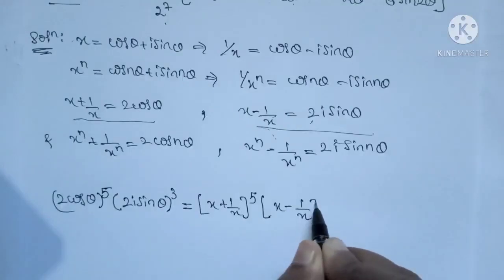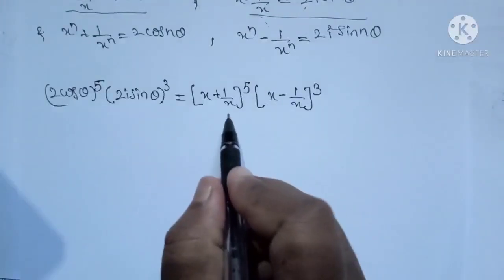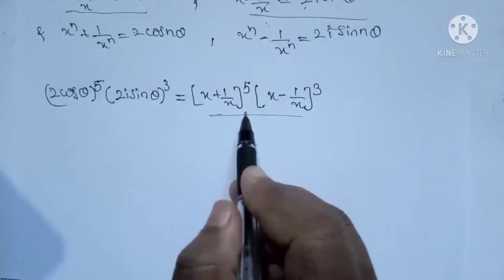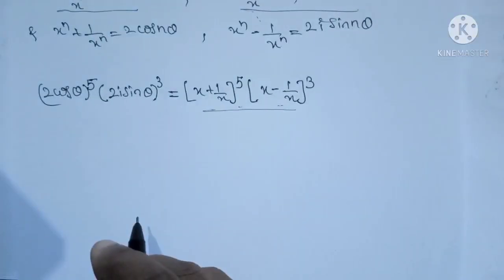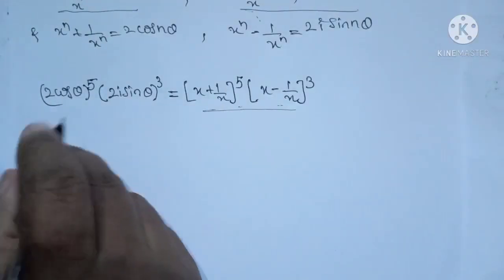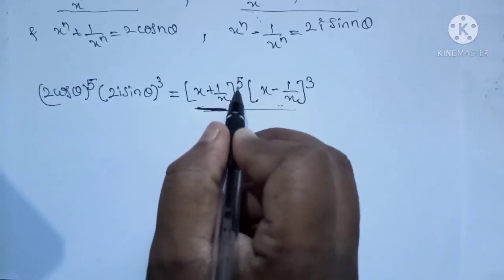First, to get the binomial coefficients of this product, we use the tricky method. That is, first we write all the binomial coefficients of this first bracket of degree 5.